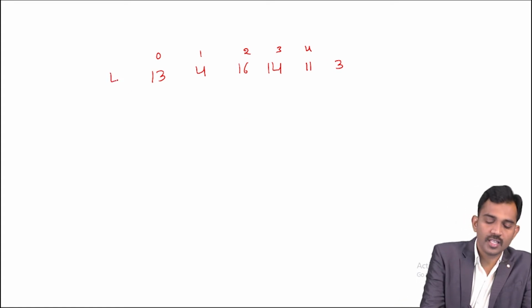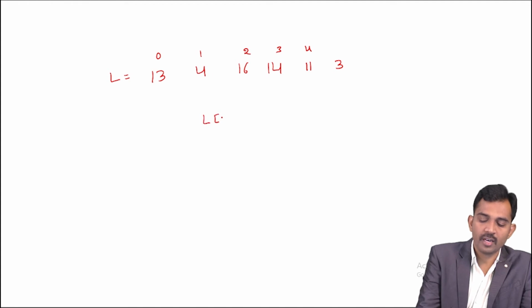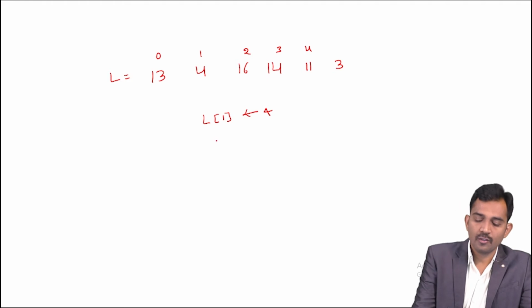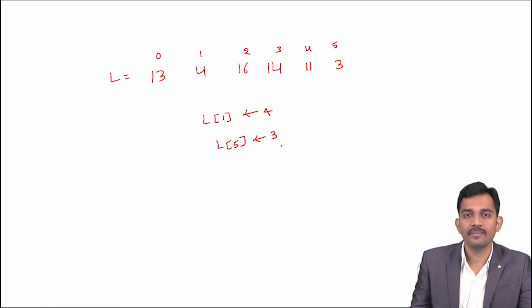For example, if you consider L of 1, you will get the value 4. L of 5 will give you 3.